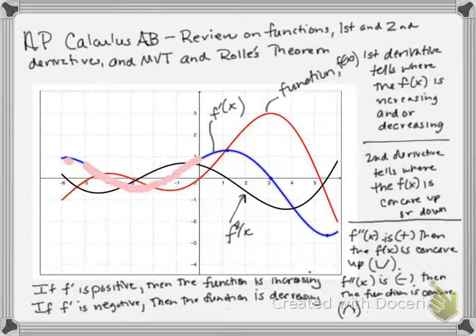It means they're negative and they start to increase, so that means I'm going to be concave up. And then right here, they're negative and then they start to increase, so I should be concave down. I should have been concave up, then concave down, and then concave up here. Yeah, that's another way of looking at it. Hopefully I didn't confuse you.